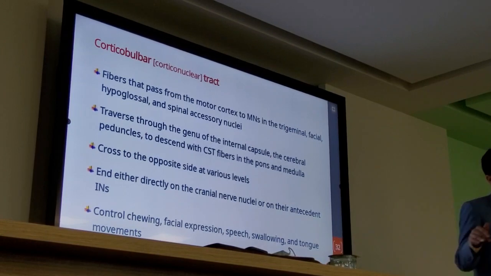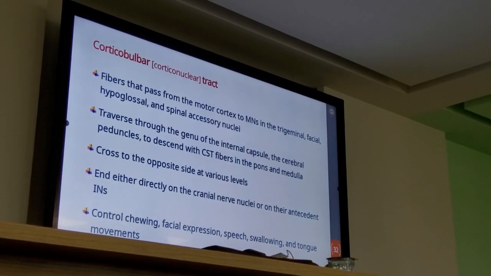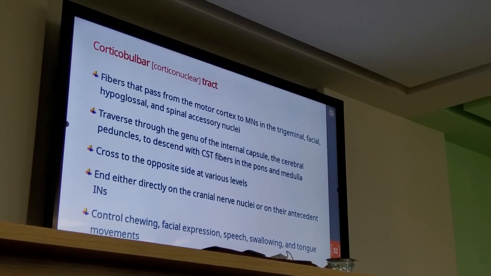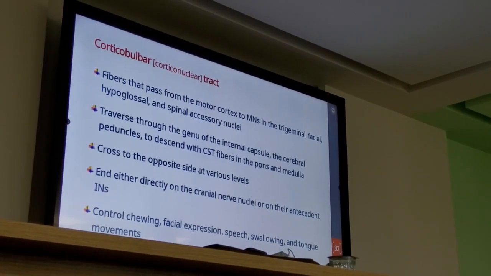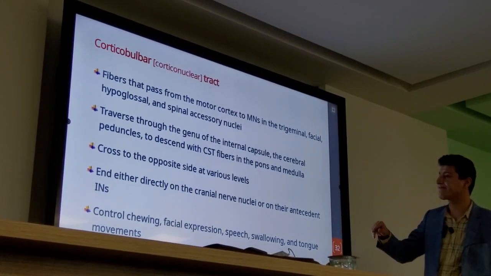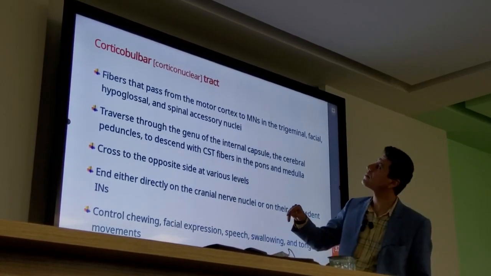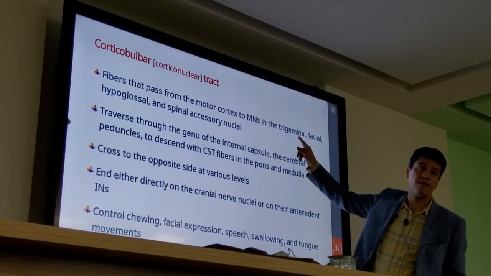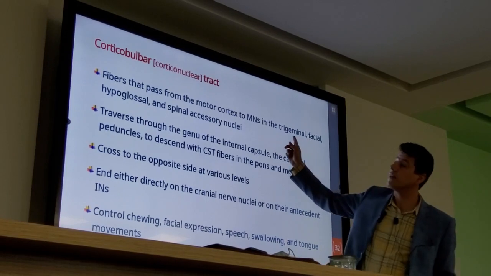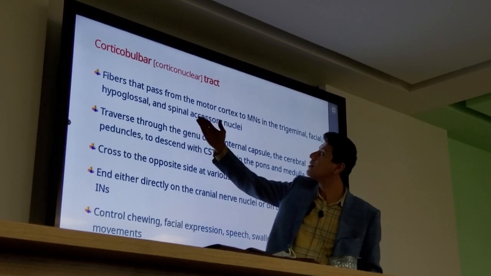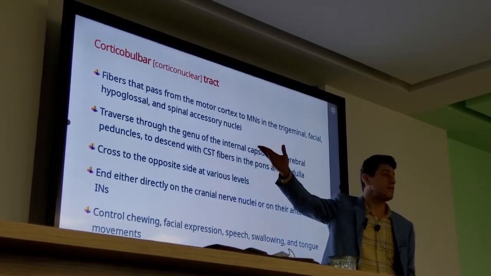Okay, corticobulbar tract originates from the cortex, goes to the brainstem, and activates cranial neurons or cranial nerve nuclei. Not all nuclei here, actually. Nuclei related to trigeminal nerve, nerve number 5, facial nerve, number 7, hypoglossal, 12, spinal accessory, 11, right?